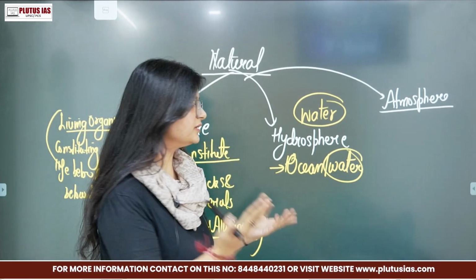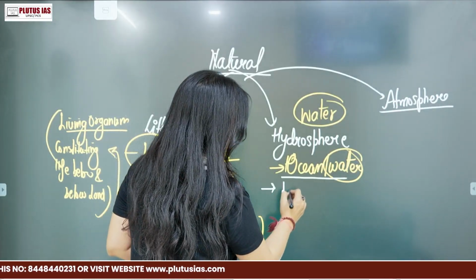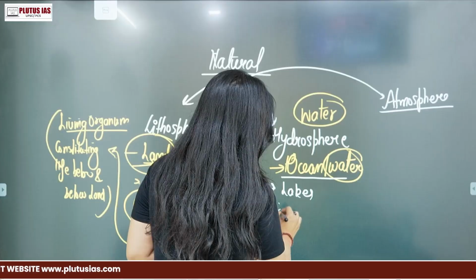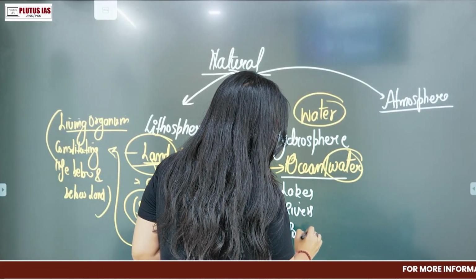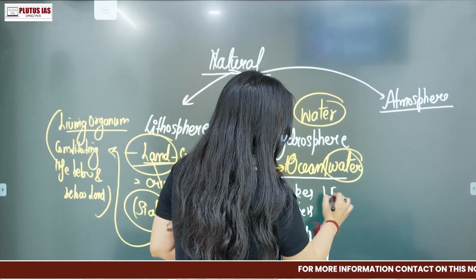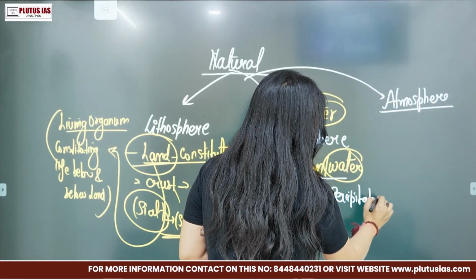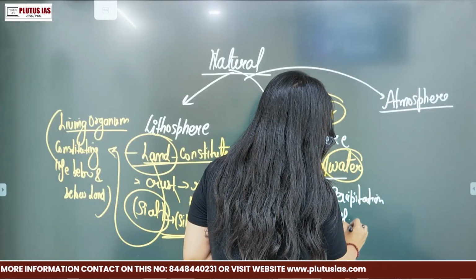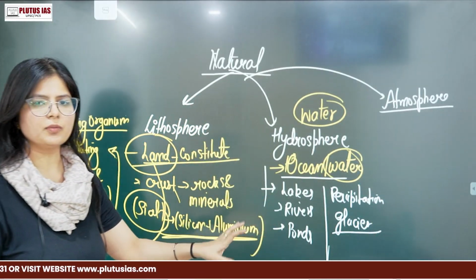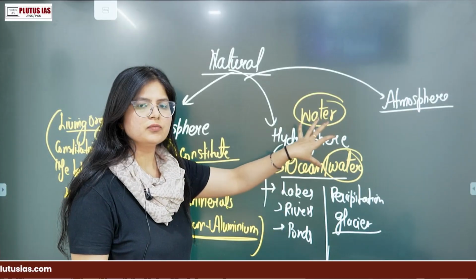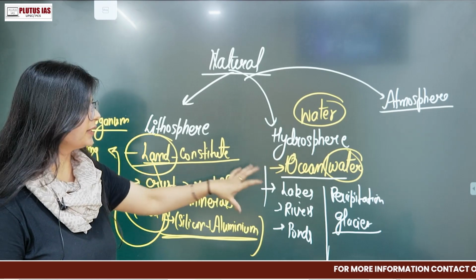For example, whether it is in the form of ocean or lakes or rivers, even ponds, precipitation, glacier, groundwater, all are the forms of what? The water, right? This is what we call the hydrosphere, right?